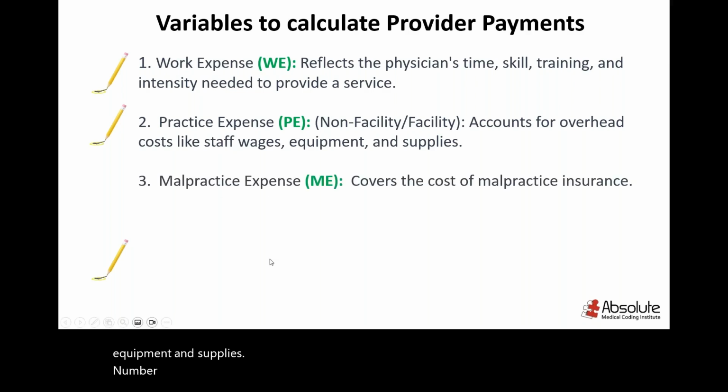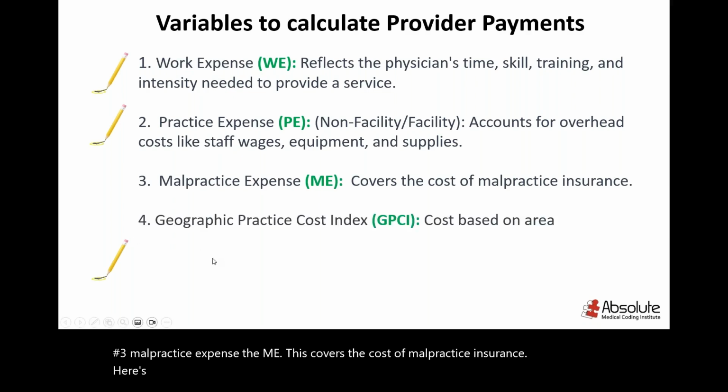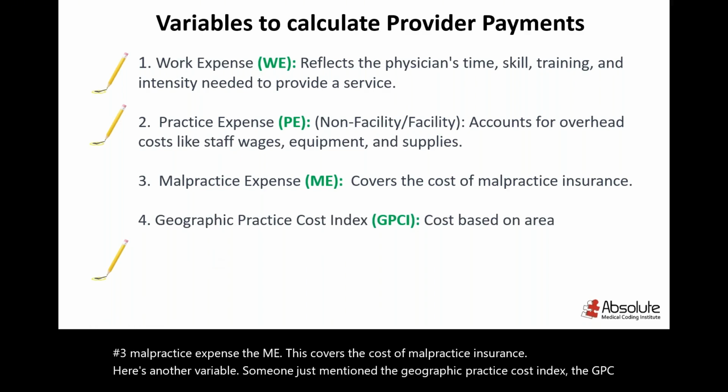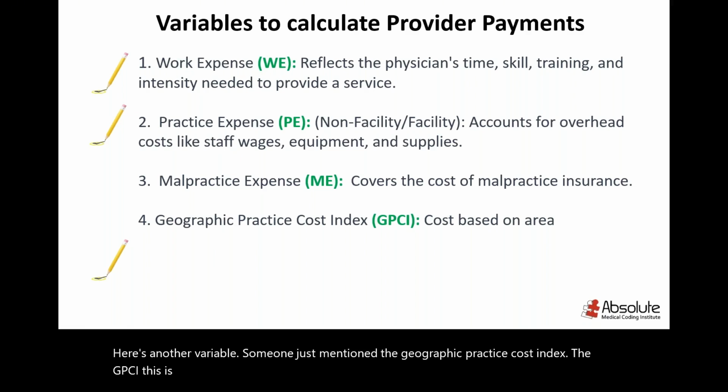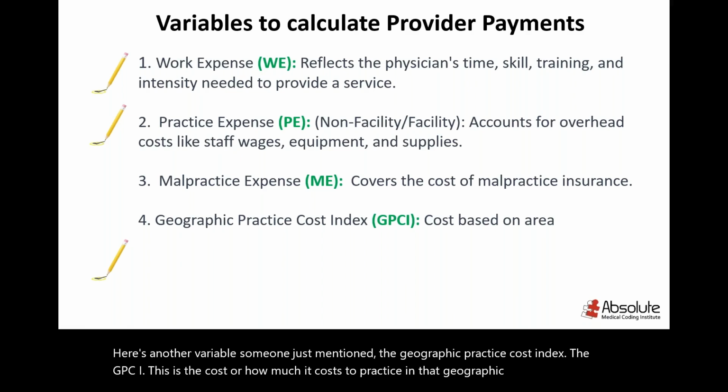Number 3, malpractice expense, the ME. This covers the cost of malpractice insurance. Here's another variable someone just mentioned, the geographic practice cost index, the GPCI. This is how much it costs to practice in that geographic area.